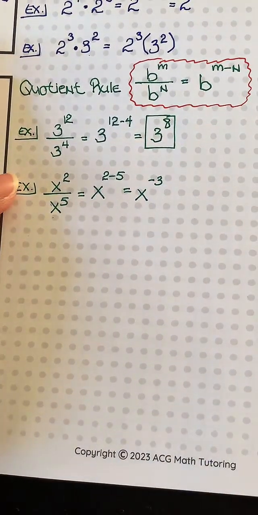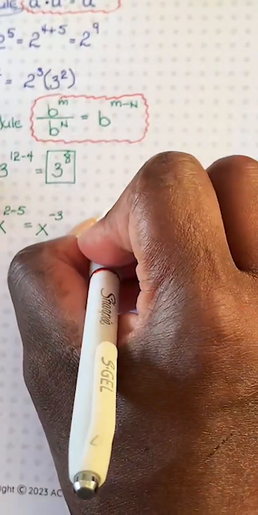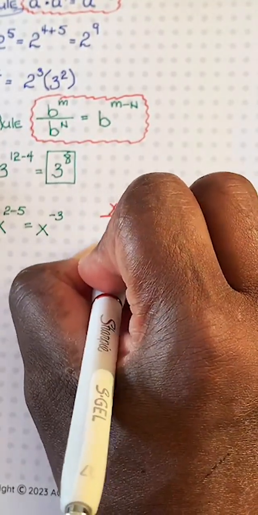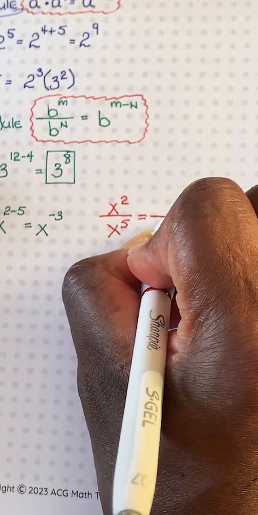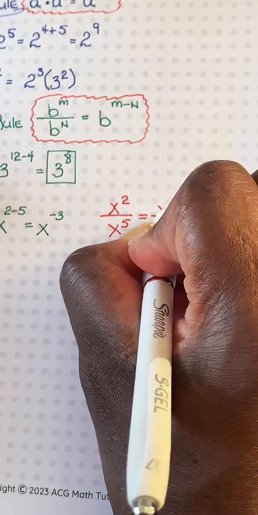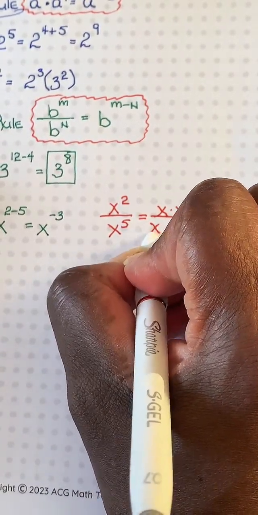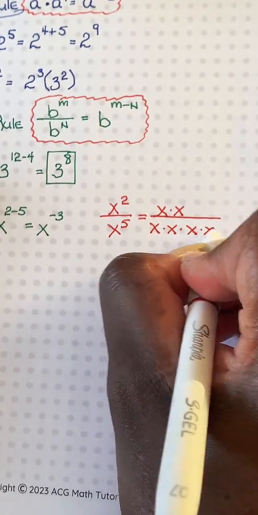Okay, so let me put it in red over here. So if I have x squared over x to the fifth, x squared is the same as saying x times x. X to the fifth is the same as saying x multiplied by itself 5 times.